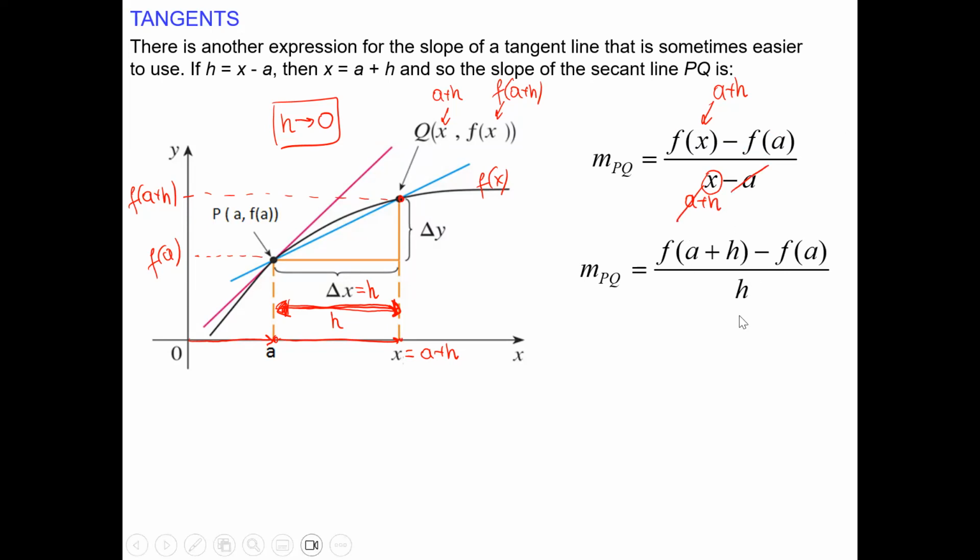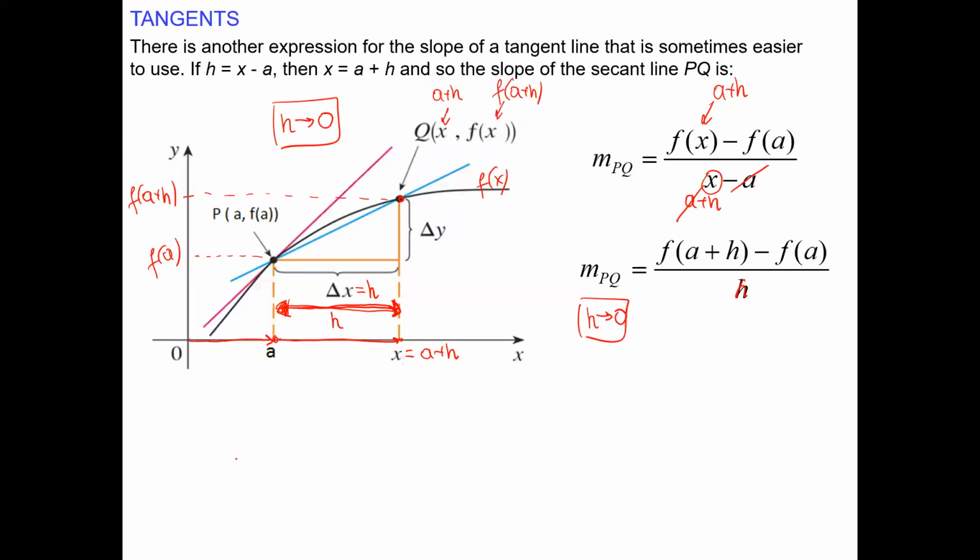This is a new formula for the slope of the secant line. But if I say h approaches 0, so the distance between the points P and Q is almost 0, then it is the slope of the tangent line.